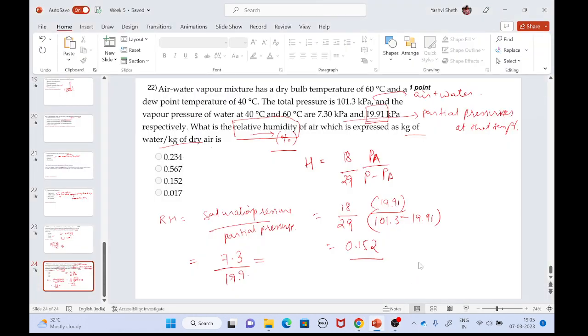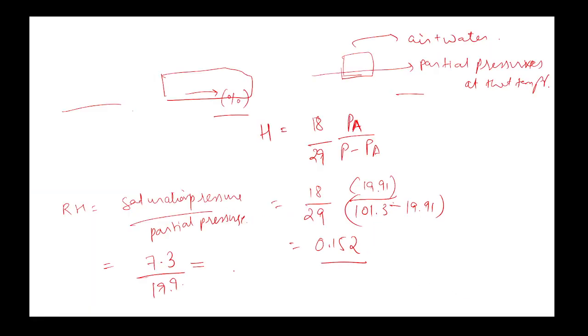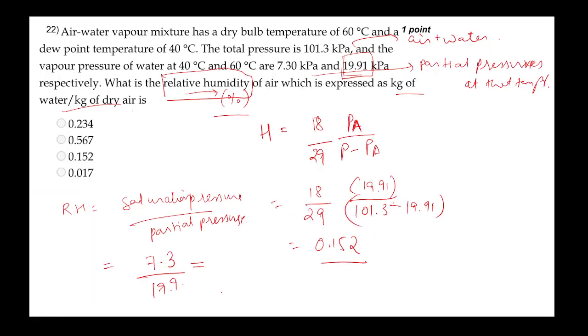It will be nothing but 7.3 divided by 19.9, which is 36%. So 36% saturated, which is the relative humidity. So it contains only 36 percent of water as compared to what it can store.